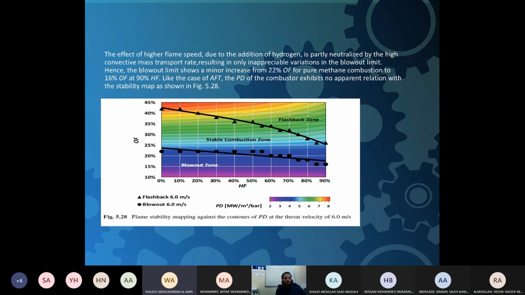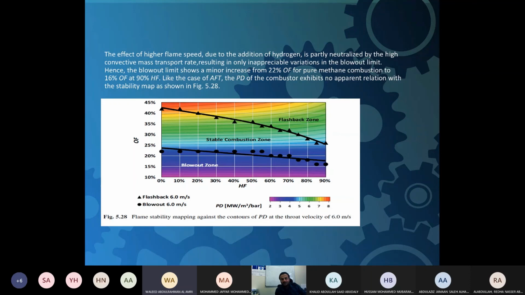Hence, the blowout limit shows a minor decrease from 22% oxygen fraction for pure methane combustion to 16% oxygen fraction at 90% HF. Like the case of adiabatic flame temperature, the power density of the combustor exhibits no apparent relation with the stability map, as shown in this figure.